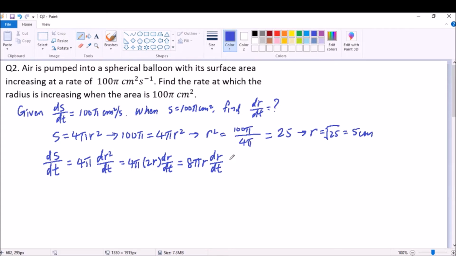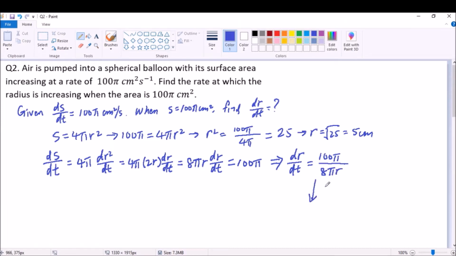And we know that dS over dt is given as 100 pi cm squared per second. And so we can find dr over dt equal to 100 pi over 8 pi r.